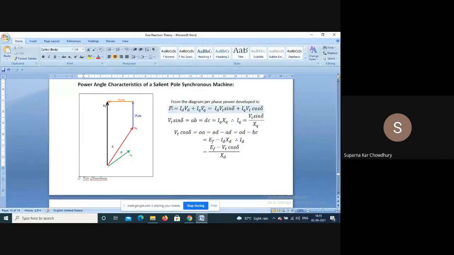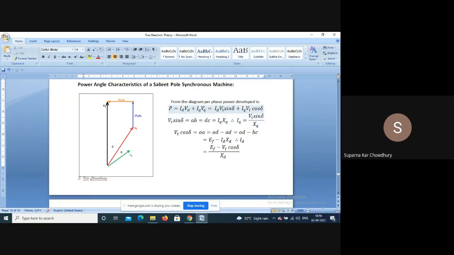So our P, per phase power, can be defined as Id into Vd plus Iq into Vq, because power is voltage and the component of current along the voltage. So Id into the component of V along Id, Vd, plus Iq into Vq. Now Id into Vd, this is delta, so Vd will be Vt sine of delta.